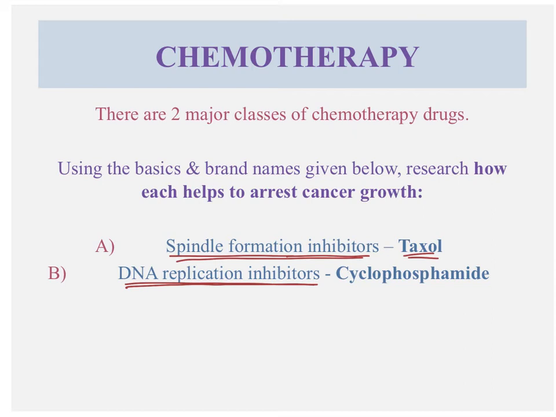I would like you to spend some time in your own notes, I'm not going to go through it, finding out and thinking about how each of those classes of drugs can help arrest or stop cancer cell growth. So spend a few minutes, maybe 5 or so, doing some research and figuring that out. And I want you to be able to tell me on Friday how those work.